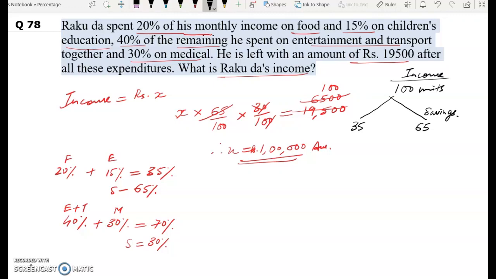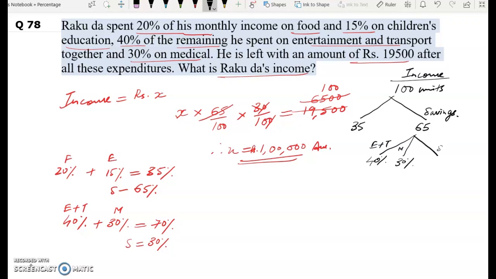Now out of this 65 savings, 40% of the remaining he spent on entertainment and transport, and 30% on medical. So he spent how much? 40 plus 30 is 70.